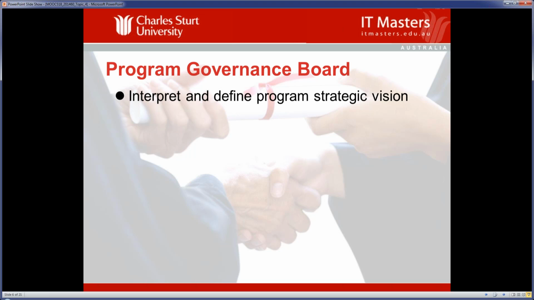So this means that what they're there to do is to interpret and define how the program's strategic vision meets its goals. So we've talked about programs being something that delivers strategic benefits, strategic outcomes, which are components in the strategic plan of the overall organization.